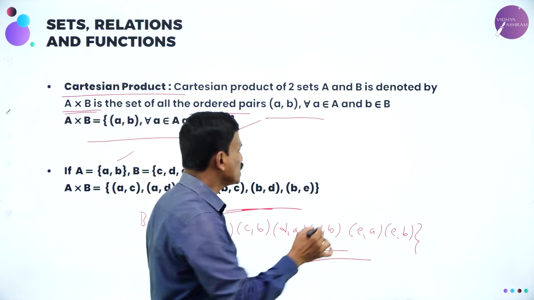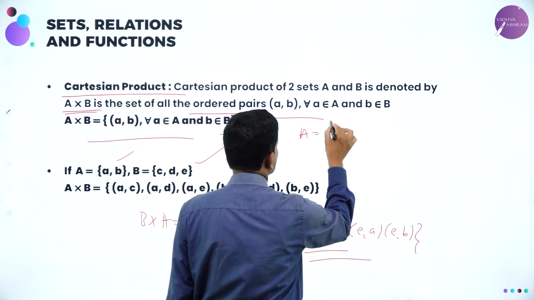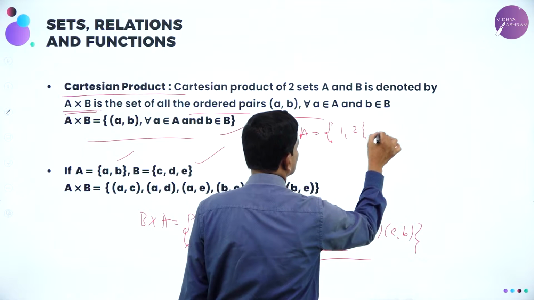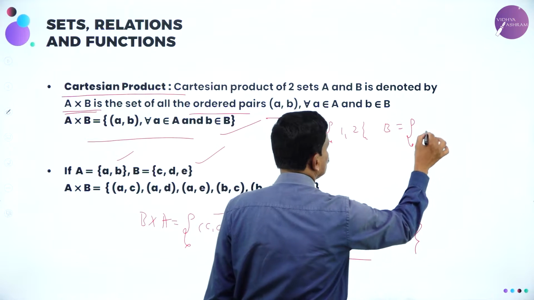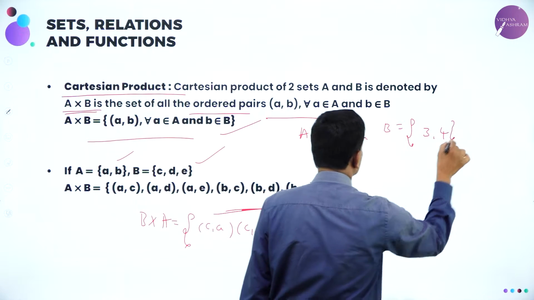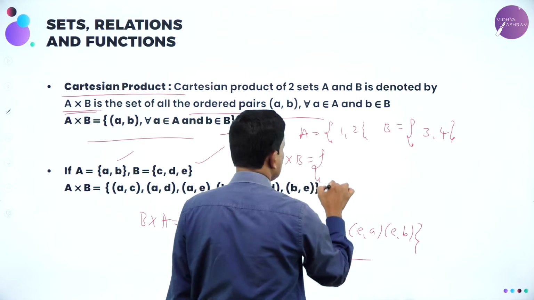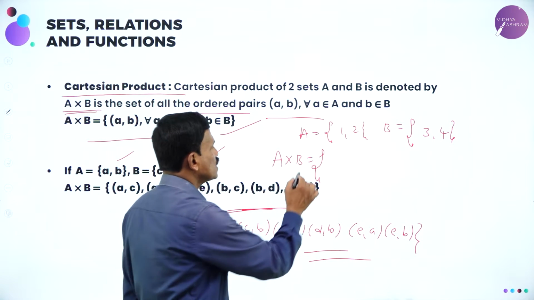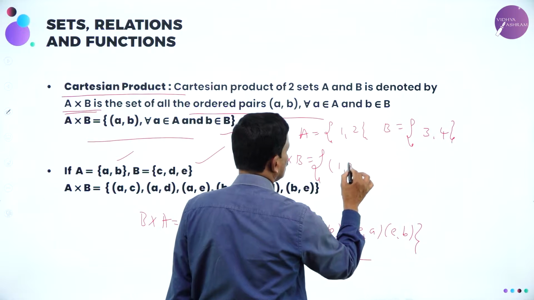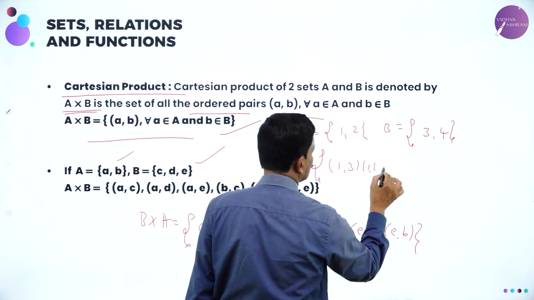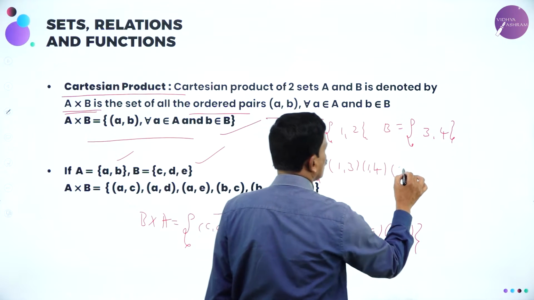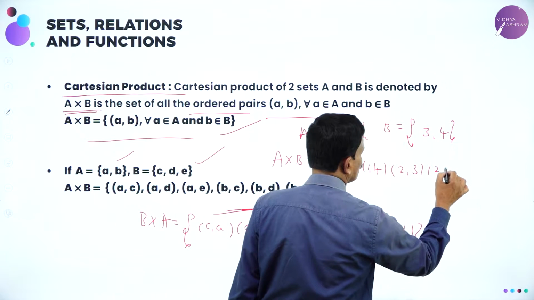Let us take one more example. If A is equal to {1, 2} and another set B is equal to {3, 4}, then the Cartesian product of A and B, denoted as A cross B, is nothing but (1, 3) and (1, 4). Similarly (2, 3) and (2, 4).